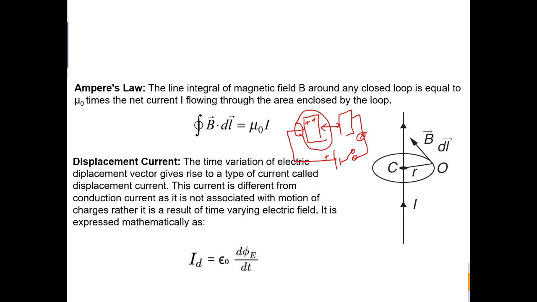You can actually calculate that too, which is given in this formula. Displacement current equals epsilon times rate of change of electric flux. And the key takeaway here is that this would only exist if the field is varying with time. So this is the idea here.